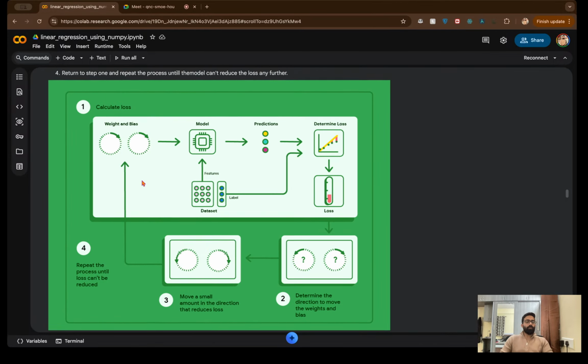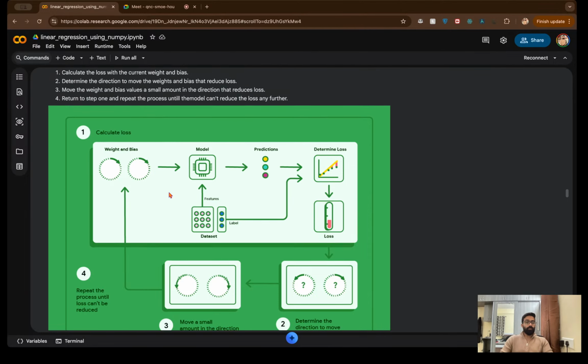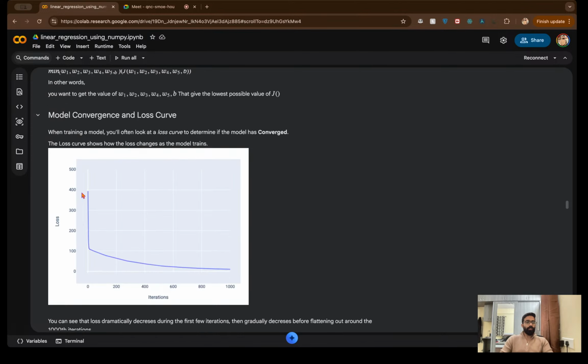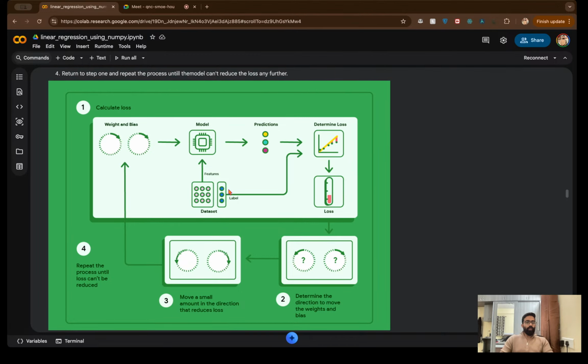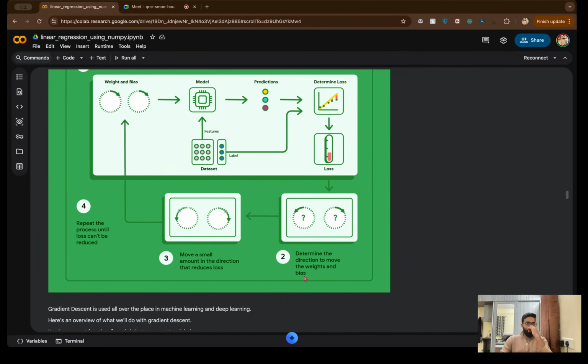Let's say with W equal to 0 and B equal to 0, the loss is very high. You know, the loss is 400. Now the gradient descent algorithm wants to move in the direction of weights and bias where the loss will be reduced.